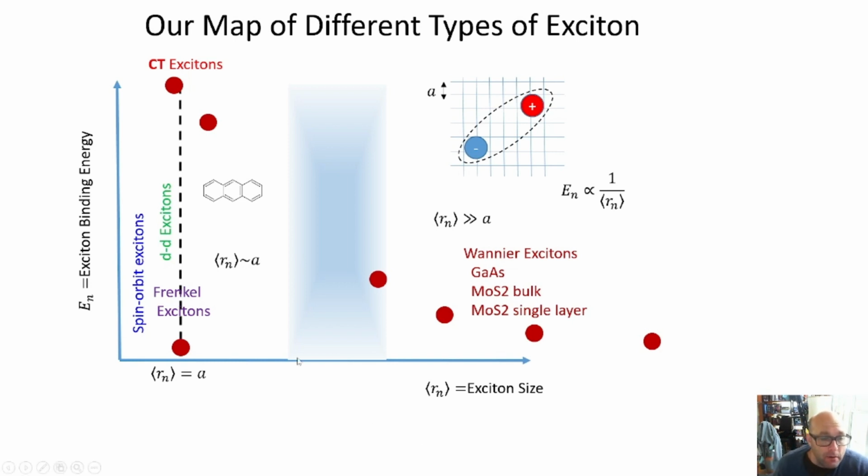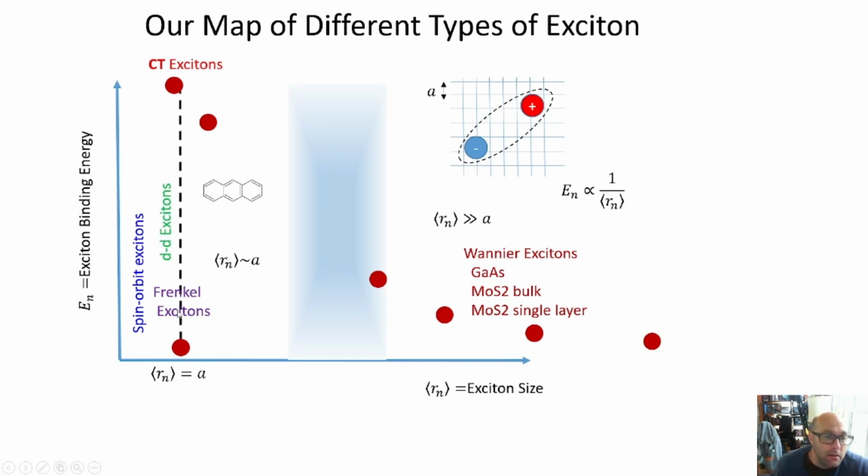And so as we approach the Frenkel exciton regime that we talked about with the molecular excitons in the last lecture, you definitely get to a situation where this simple correlation, where binding energy goes as 1 over the average radius, is not obviously going to be maintained, right?